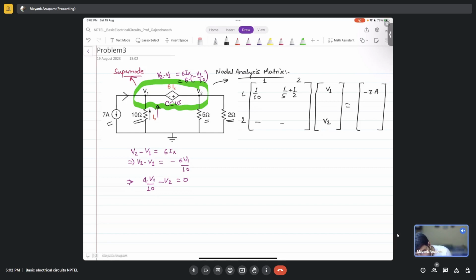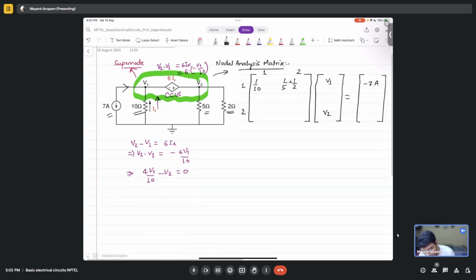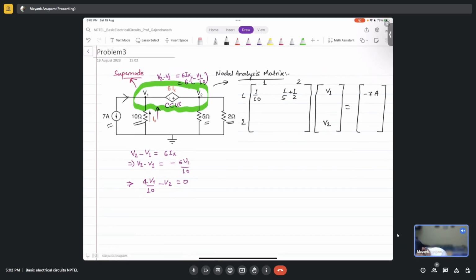So what do I write now? How do I fill the entries in the second row here? I use the definition of the current control voltage source, right? That is how I fill the second row here.